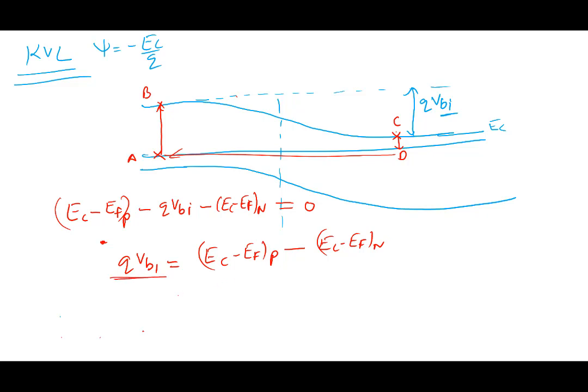Now EC minus EF in the P region, I can write as Eg minus Ef minus Ev in the P region, minus EC minus EF in the N region, equals QVBI.